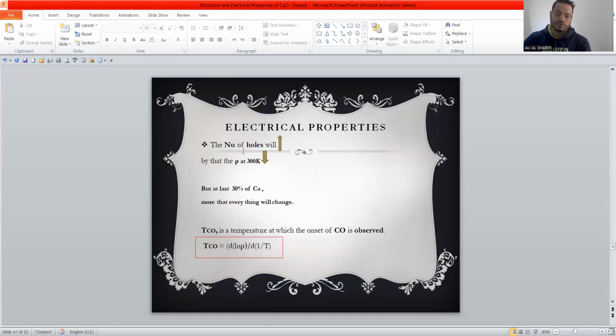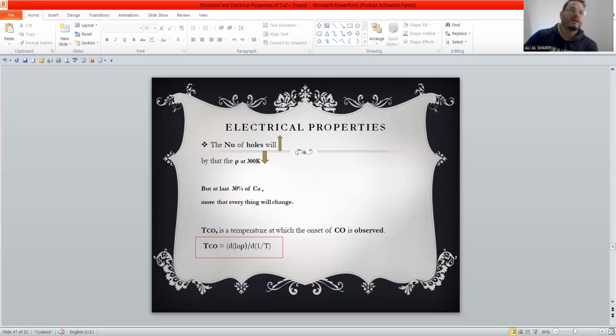The number of holes will increase. By that, the resistivity at room temperature will increase, but at least up to 100% of the calcium. After that, we will not reverse, it's not a benefit to us, because at 100% of calcium, the resistivity will increase again.